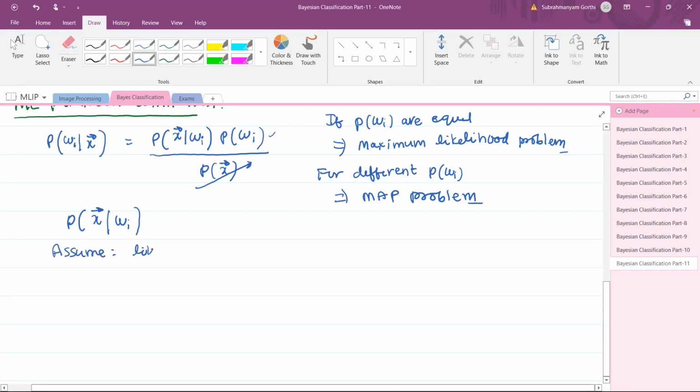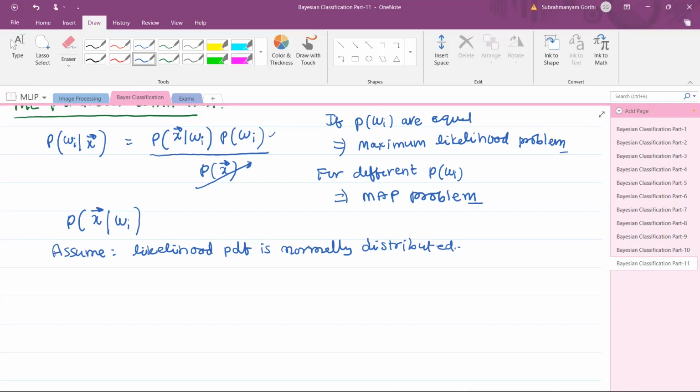This likelihood function, or PDF, you can call it rather than function. It's a probability density function. PDF is normally distributed, I gave you. Can you come up with some approach on how you could compute this? Consider even a simple 1D distribution where my feature vector is just 1.